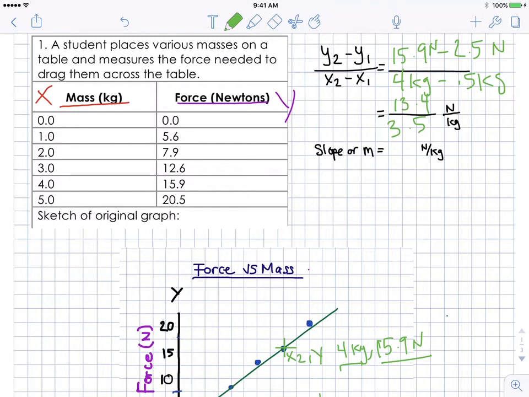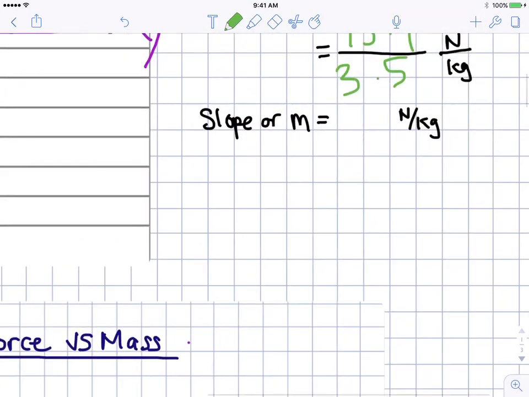And remember, this is not complete. This is a division problem, and we have to go ahead and divide 13.4 by 3.5, and I end up with 3.82857143. And remember, we're doing two places to the right of the decimal, to the hundredths place, and that will give me a value of 3.83, and that is our slope. 3.83, and I've included the units there, newtons over kilograms.